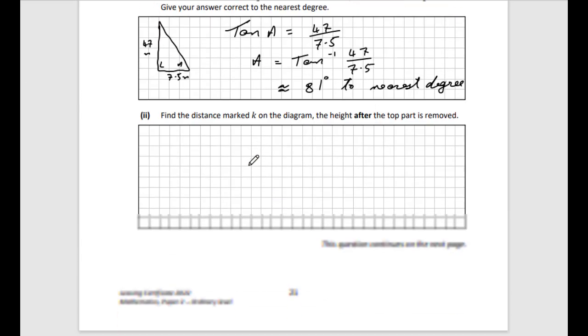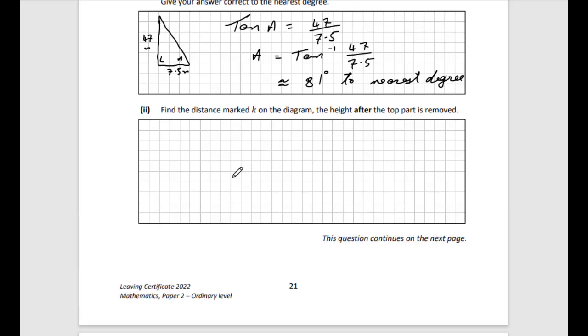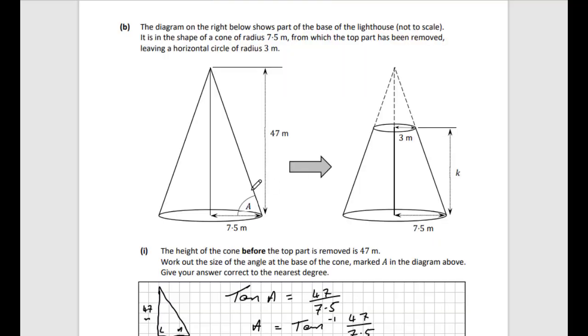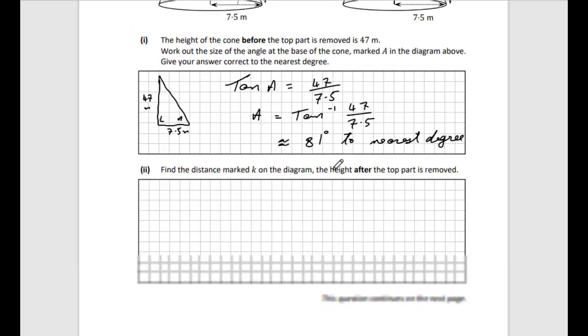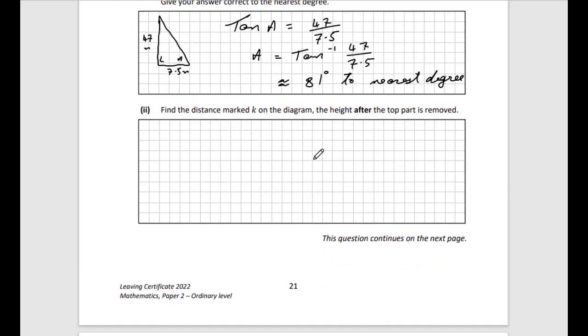Okay. Find the distance marked K on the diagram, the height after the top part has been removed. You've got to always remember when you have a cone and they take a bit off the top, you're really dealing with similar triangles here. So let's just draw that. We've got a triangle like this, and we've got a bit taken off the top.